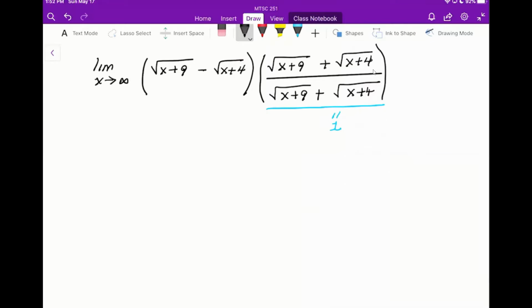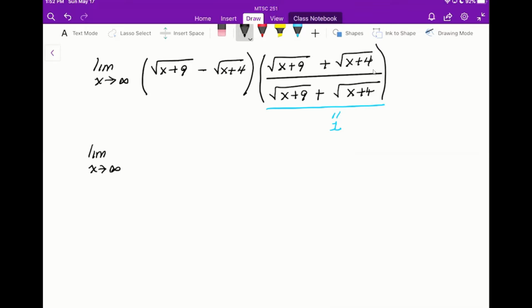So now I'm going to get the limit as x approaches infinity, and in the numerator we're going to FOIL that, or use the distributive property twice, depending upon what you have learned. So we're going to get the square root of x plus 9 times the square root of x plus 9.